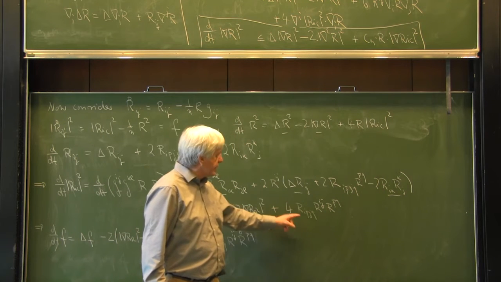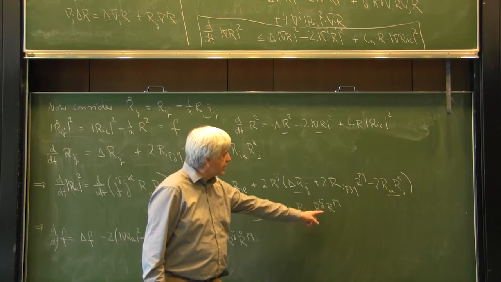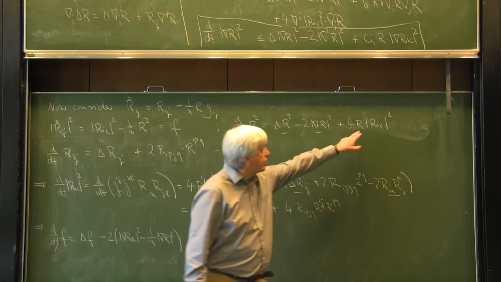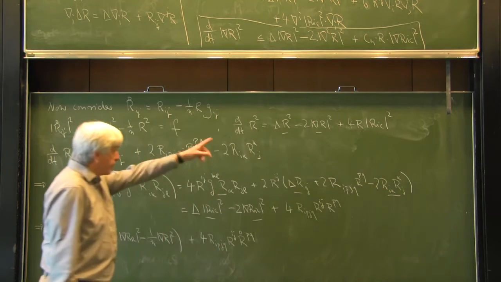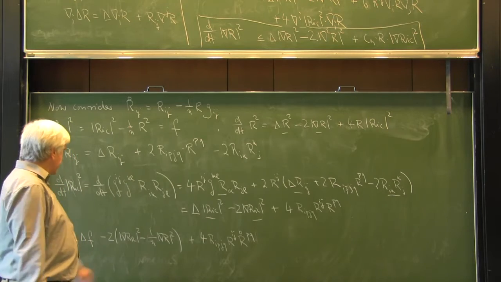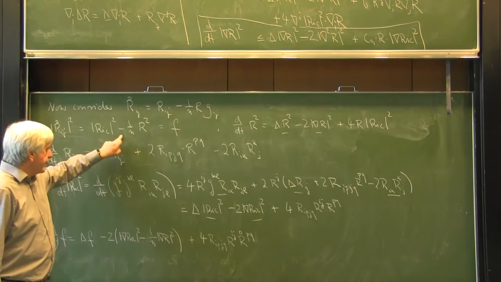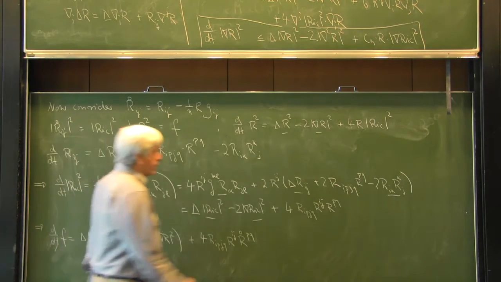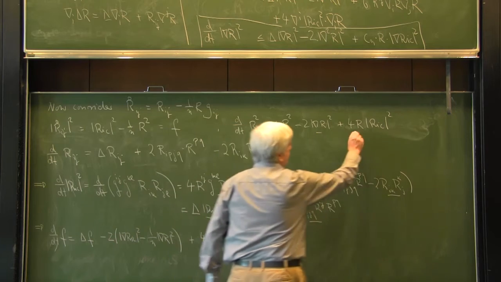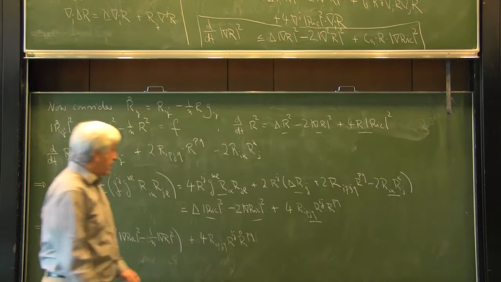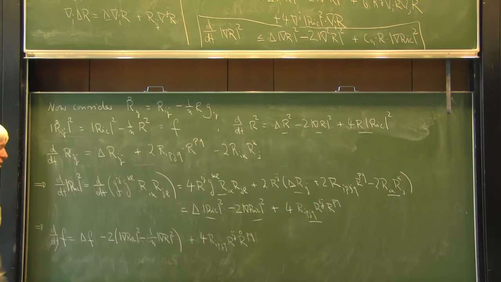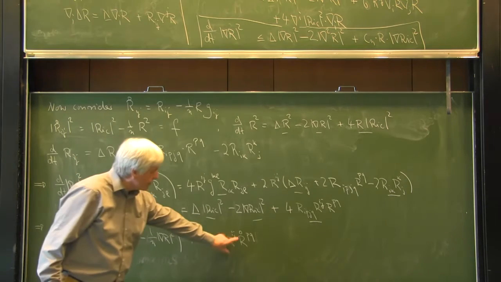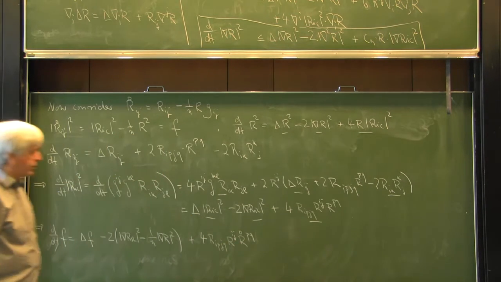But this is exactly 4 over n times Ricci squared times scalar curvature. And 4 over n is exactly what we get there with the other sign, because we have a minus here. So I can just combine these two terms and produce the scalar curvature free part of the Ricci tensor in the second factor.